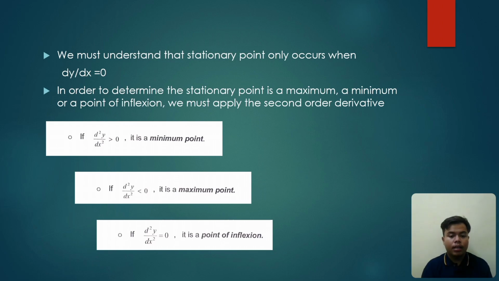If d²y/dx² is less than 0, it is a maximum point. And if d²y/dx² equals 0, it is a point of inflection. That's all from this slide.